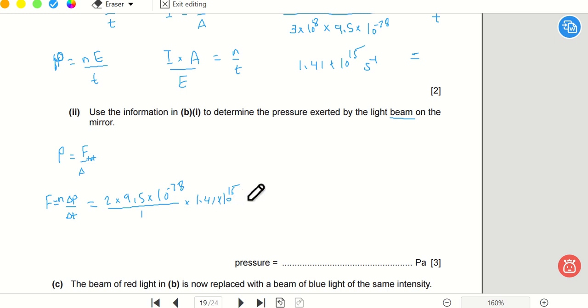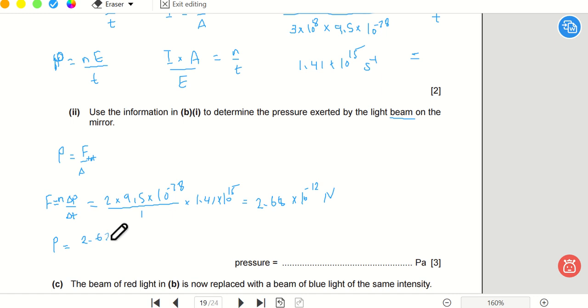This is the force. We can calculate it first. 2.68, and certainly newton. We want the pressure, not the force.